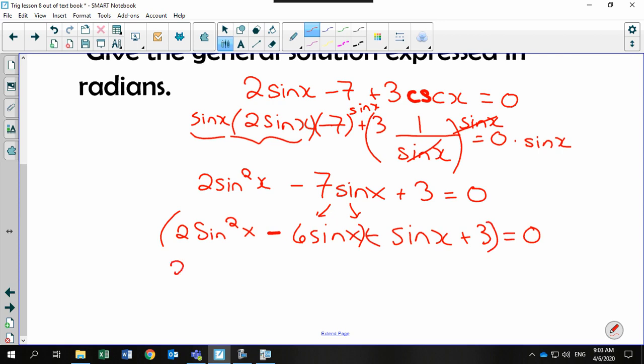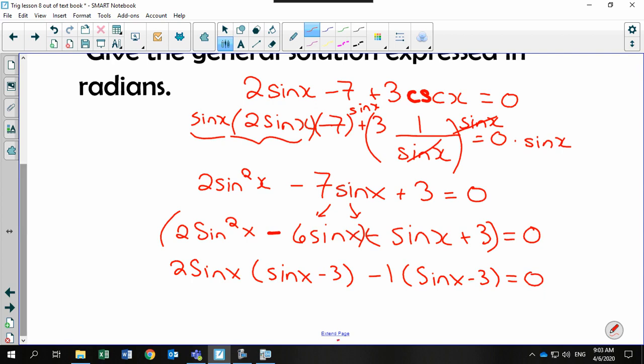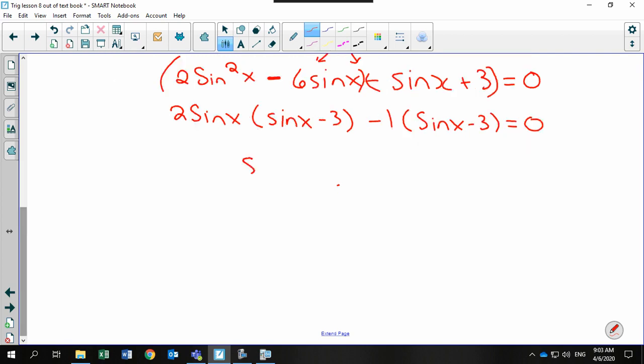Take out my 2 sine x over here. I'm left with sine x minus 3. I'm going to take out a -1, and I'm going to be left with sine x minus 3. My new greatest common factor is sine x minus 3. And all the other stuff goes in its own bracket. And now I go and solve it just like we have been.